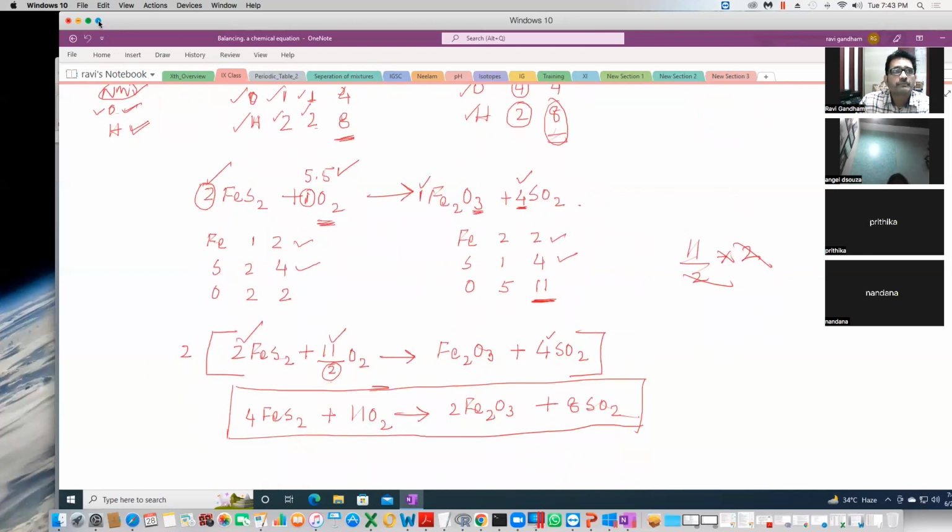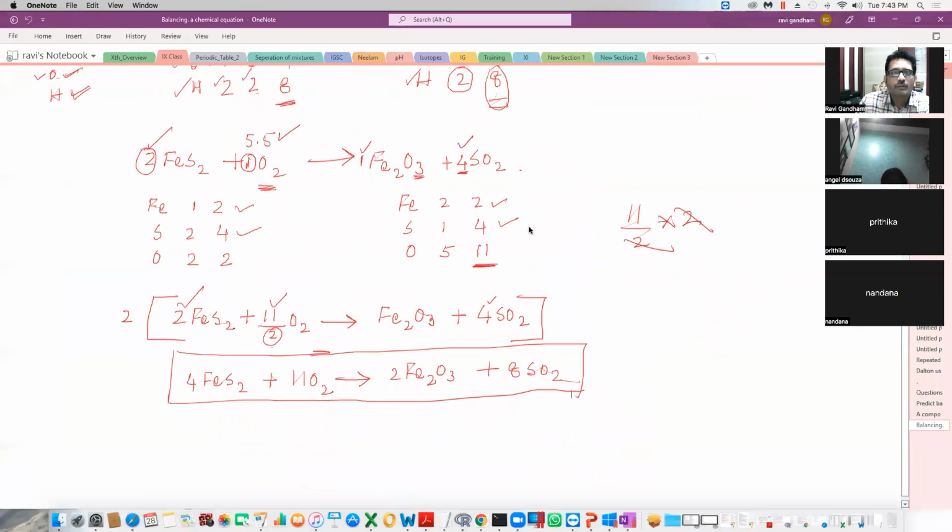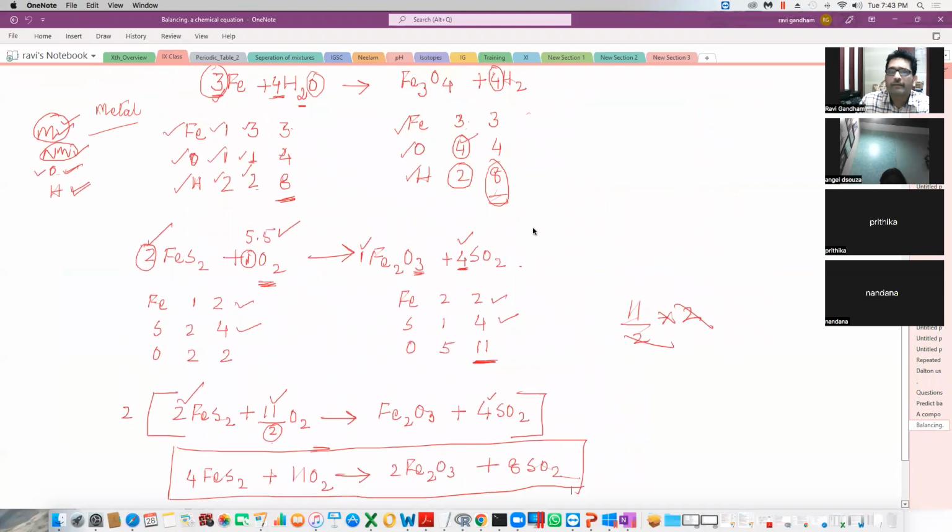It's clear. I had a doubt from my question paper. It's also related to balancing. I lost a mark in that. It's the same hit and trial method. The question is: calcium hydroxide plus nitric acid gives calcium nitrate plus water.